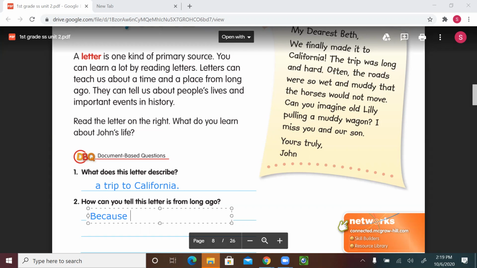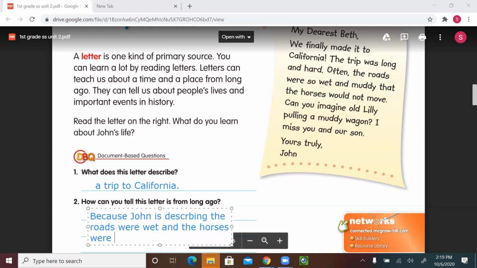Because he, John, is describing the roads as wet and that horses, we're talking about Lily, so horses were pulling a wagon.